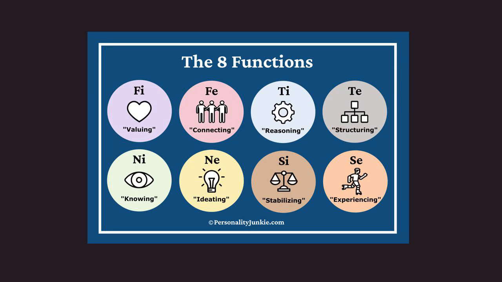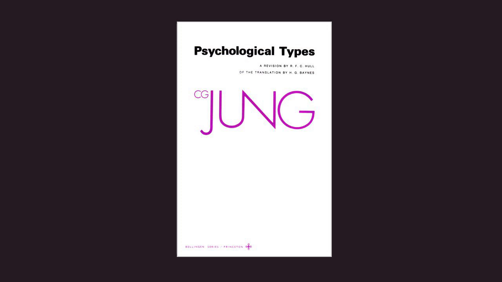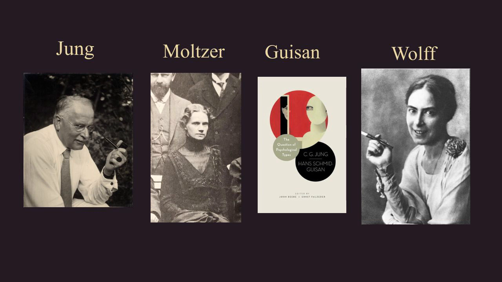The combination of these functions and attitudes results in the 8 cognitive functions. They are classically called the psychological types, which refers to Carl Jung's book, Psychological Types. But these 8 cognitive functions were pretty much coined by analytical psychologists such as Carl Jung, Maria Moltzer, Hans Schmidt-Guisan, and Toni Wolff.